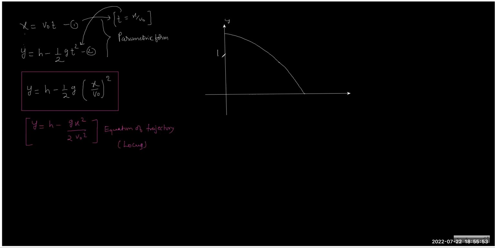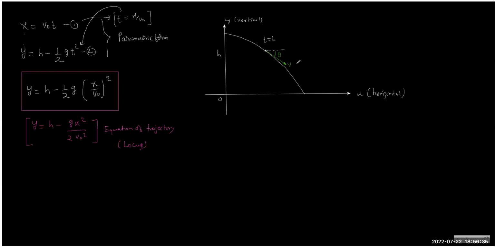This is the height h, and I have taken the ground, or horizontal, as the x-axis, and the vertical as the y-axis. So at any instant t, you must be here, and your velocity vector will be tangential, making some angle theta. Correct? So can you find theta as a function of time t?